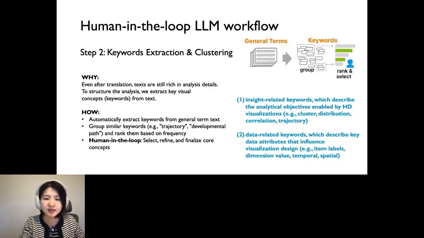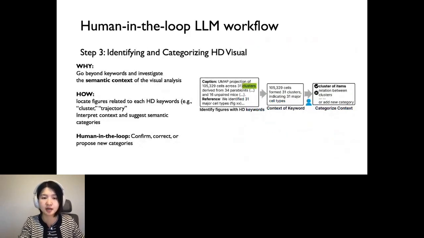And second, a group of data-related keywords, which describe which types of data are involved when people create those different visualizations. Those keywords give us a structured way to reason about the visualizations, the intent people have in creating them, and the analysis people conduct upon them.